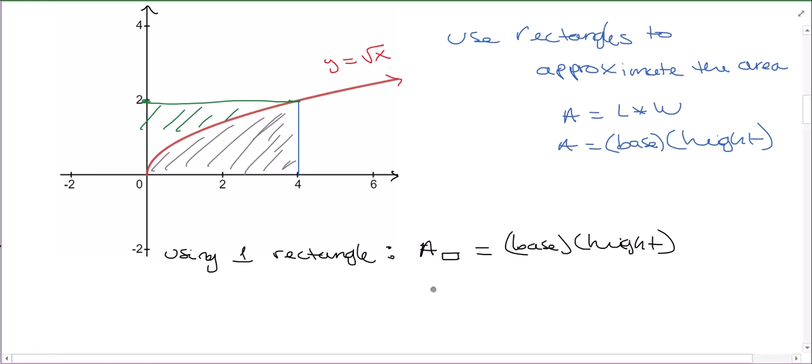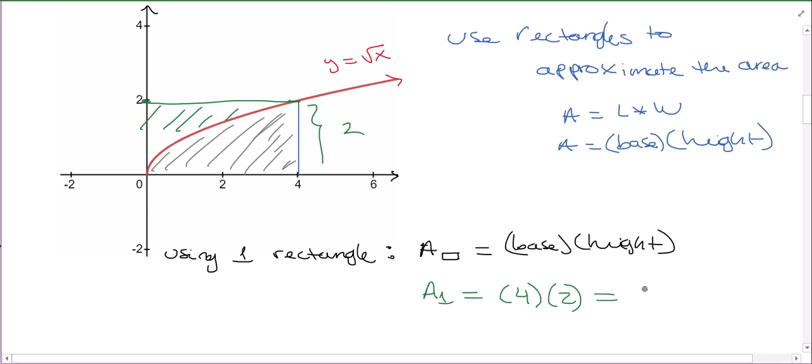So my area using one rectangle is going to be the base, which is 4, times the height, which is, how high is that? That's 2. So times 2. And remember, if we have units, this is a rate of change. So whatever the units are, if it's meters per second or inches per minute, then this will be minutes, so you're just going to get a distance.